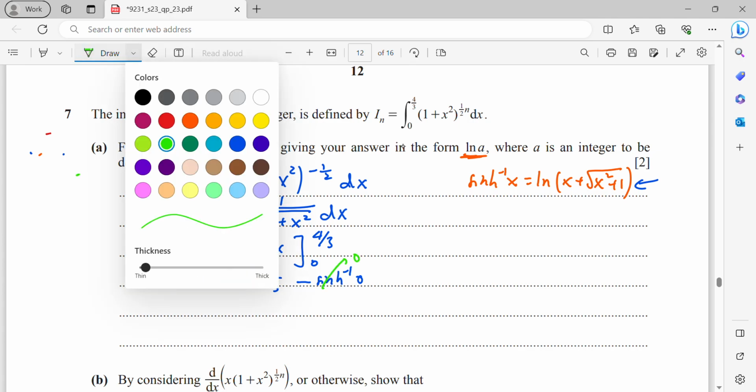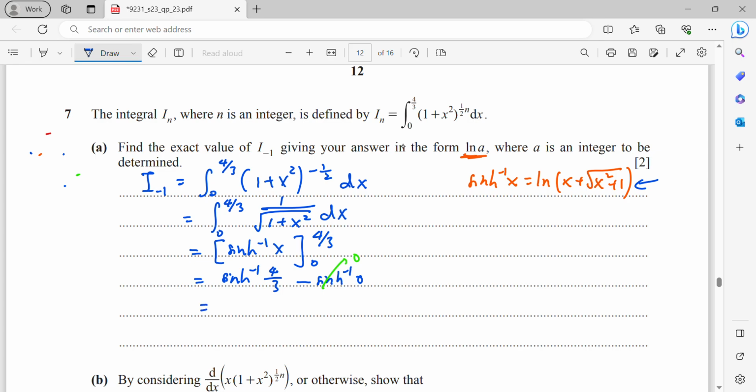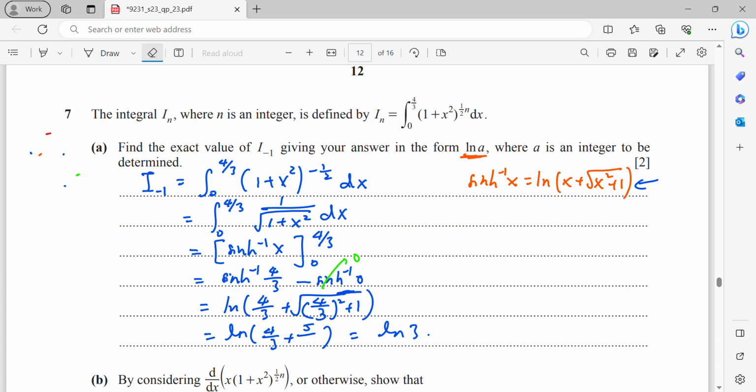Okay, so now I will just replace the value. It will be ln of 4 over 3 plus square root of 4 over 3 squared plus 1. Okay, and now you simplify, it will be ln of 4 over 3 plus the square root becomes 5 over 3, which is ln 9 over 3. 9 over 3 is going to be 3. So that is your solution for A, for the first part.